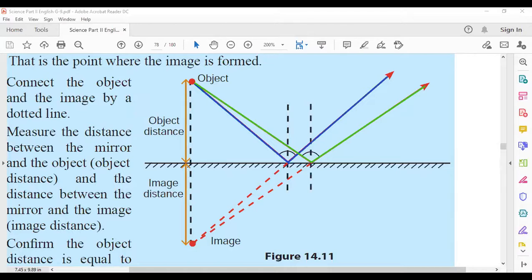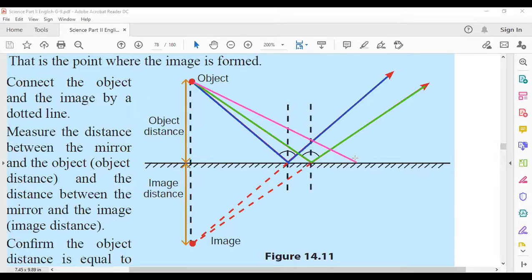Right. So if I draw another line in this manner, can you draw another line here?